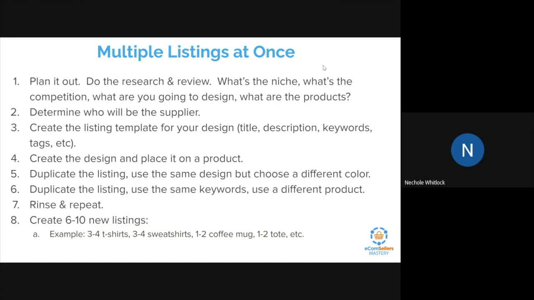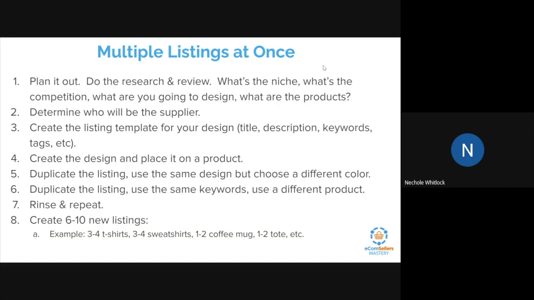Now I've gone through the process of, not only do I have the 6 listings, but now I have it on other products, and maybe I put it on 6 or 7 other products. So if I put it on 6 different products, I have 10 listings at this point. Well, if I did that math right, sorry, I started off with 4 different products. So I've got 10 different listings, and all I did was do the research.